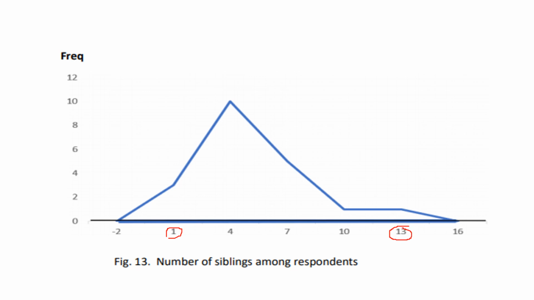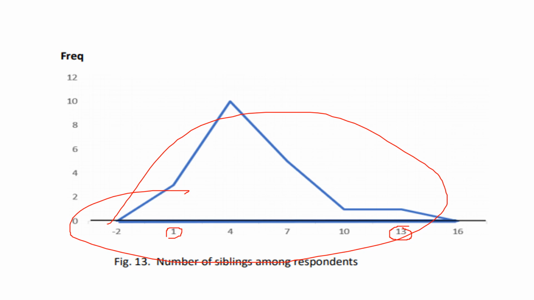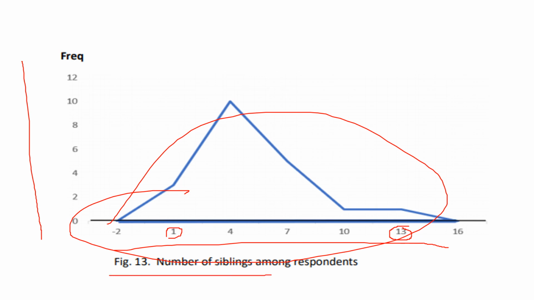This is our class mark with 0 frequency, our class mark with 0 frequency. So in this case, we now have a closed figure. This is now called a frequency polygon. So the frequencies are plotted in the y-axis and the class marks are plotted in the x-axis. Don't forget to add your title, Figure 13, number of siblings among the respondents.